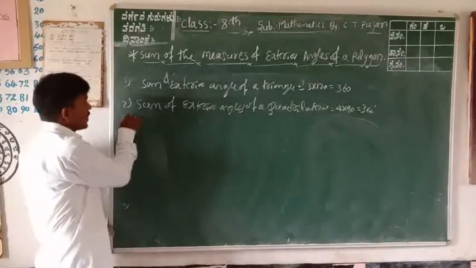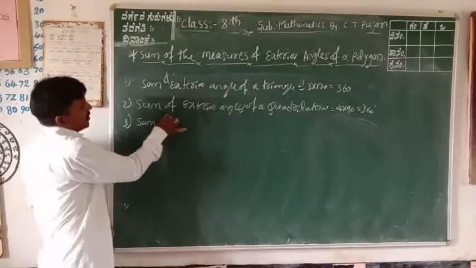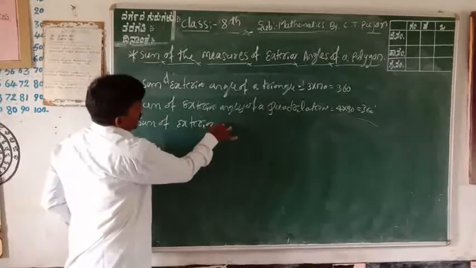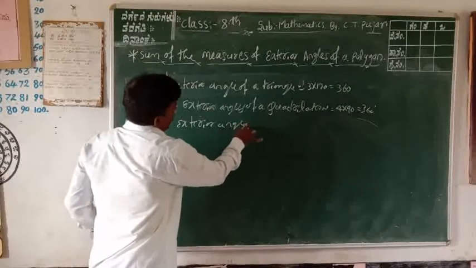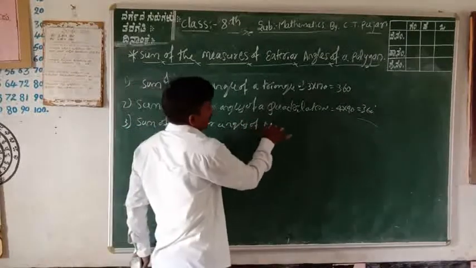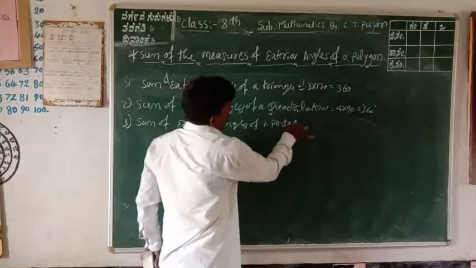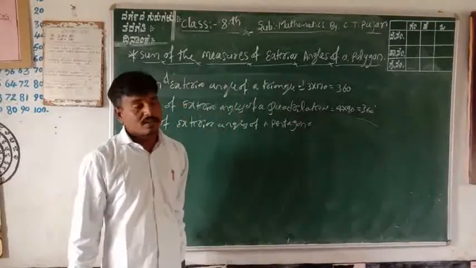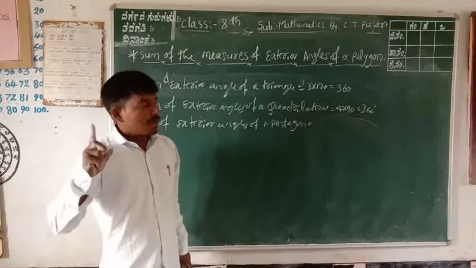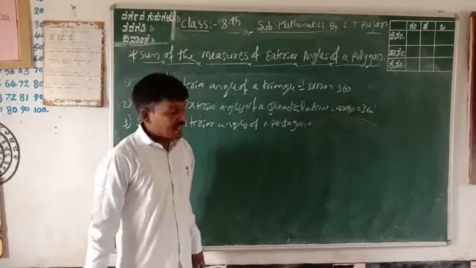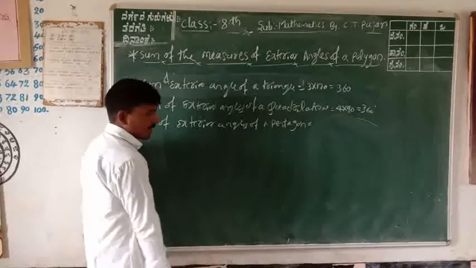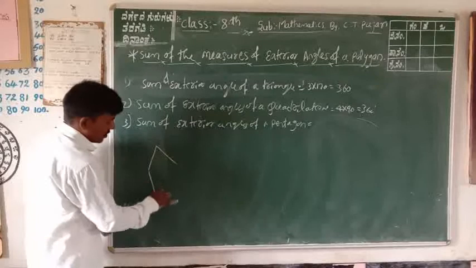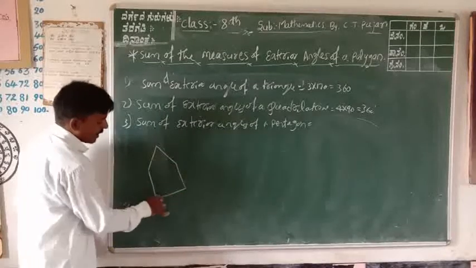What about the third one? The sum of the exterior angles of a pentagon. How many angles are there in the pentagon? 5 angles are here, but you can find only one angle in a regular pentagon, where all angles are equal.